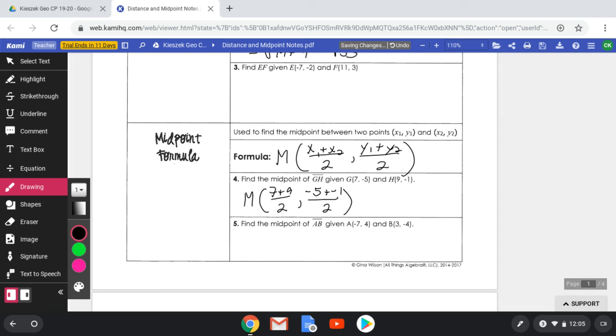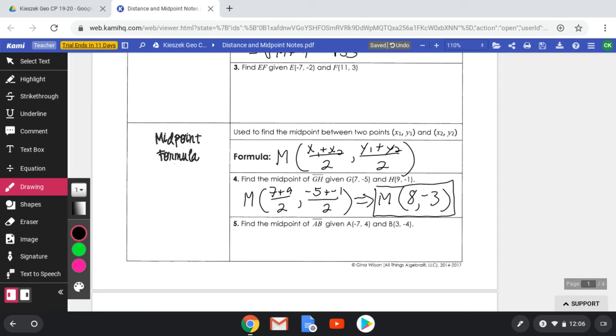So 7 plus 9 is 16, divided by 2 is 8. -5 plus -1 is -6, divided by 2 is -3. This is my midpoint, the middle point between those 2 endpoints.